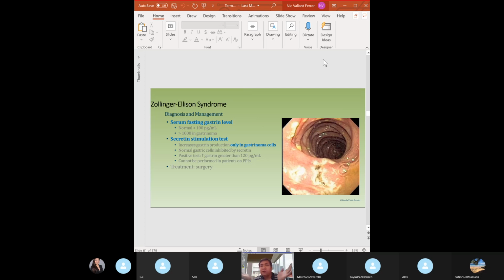So Zollinger-Ellison syndrome, gastrin secreting tumor. Secretin stimulation test: if it's positive, gastrin is more than 120. However, caution, you cannot perform this one in patients who are taking PPIs, okay? Who are taking omeprazole, pantoprazole, all those ozoles. Why? You have a false negative secretin stimulation test, okay?